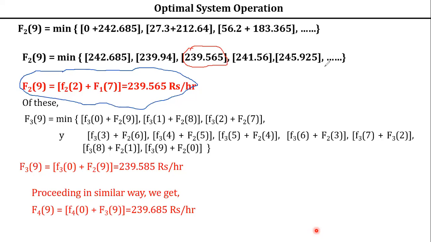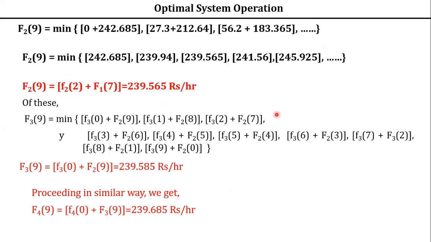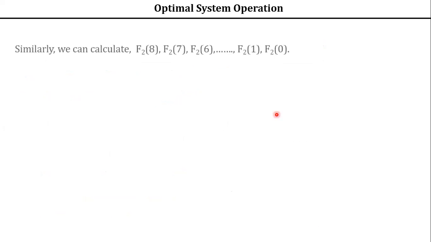But you show at least one value, how we are taking it. Then you can say the other things similarly. Okay. Now you prepare the unit commitment table.